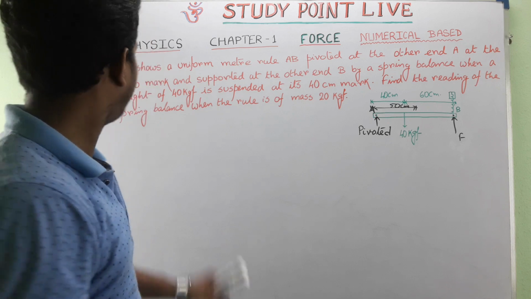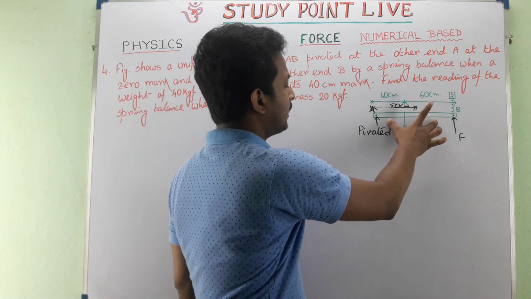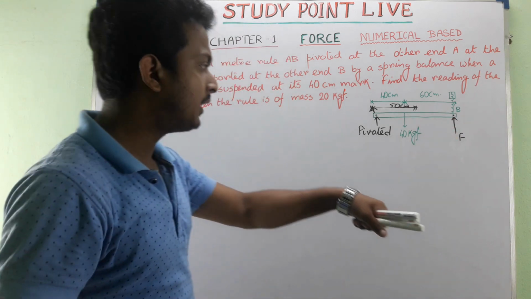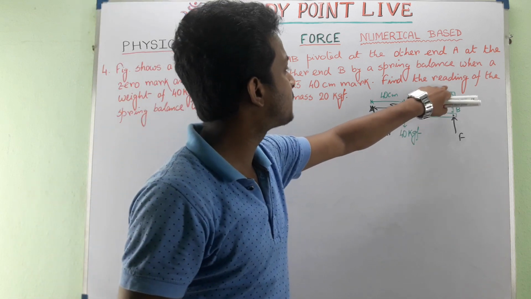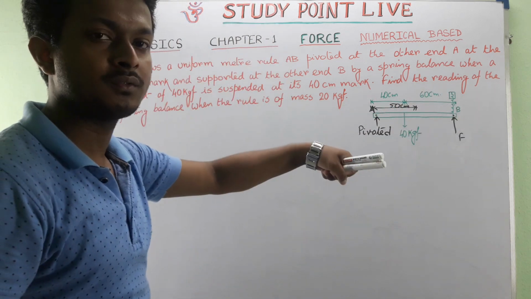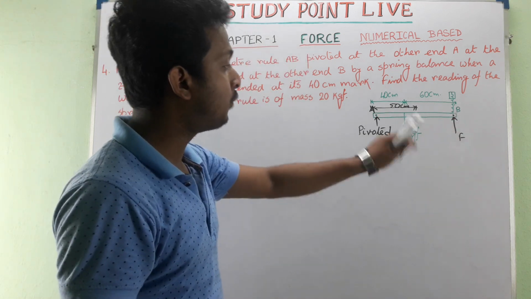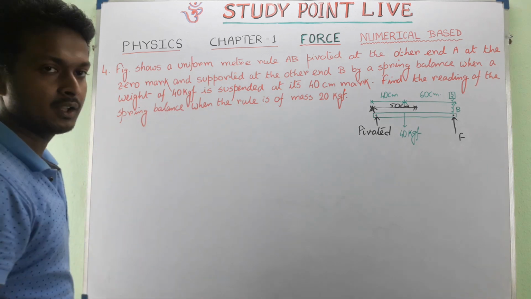Now, what will be the reading of the spring balance? See, because the entire rule is in the suspended condition, so to hold the bar, this spring balance must give an upward force. So the force is acting upward, and this force will show as the spring balance reading.